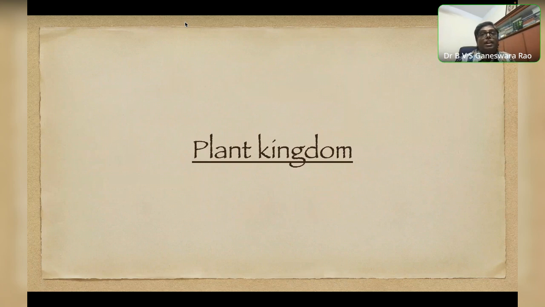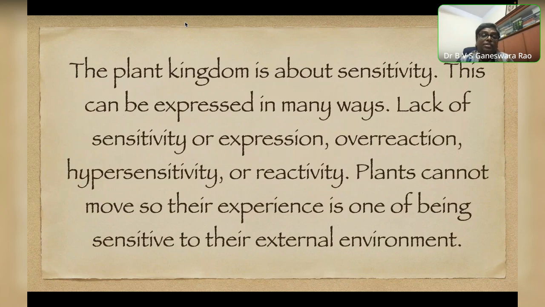So as we discussed, it is about structure for minerals, and when it comes to the plant, it is about sensitivity. This can be expressed in many ways, like the lack of sensitivity or expression, or overreaction, hypersensitivity or reactivity.